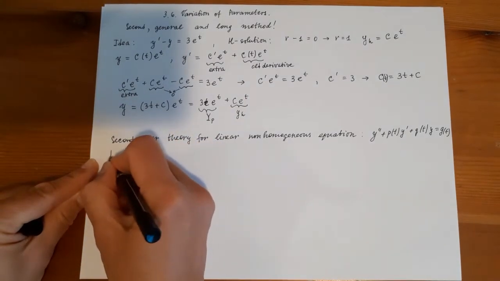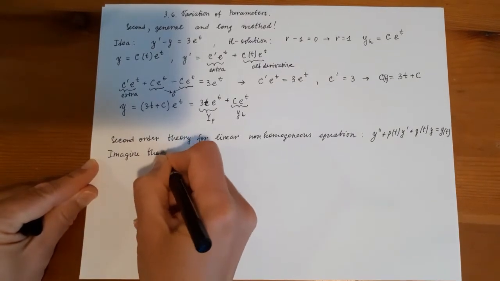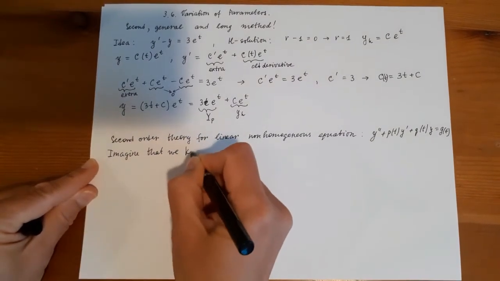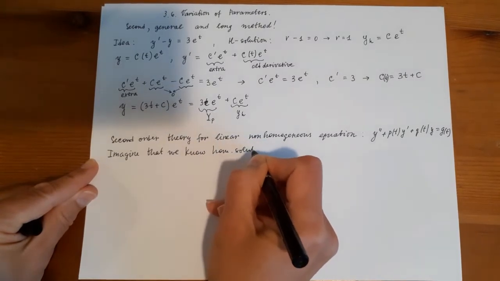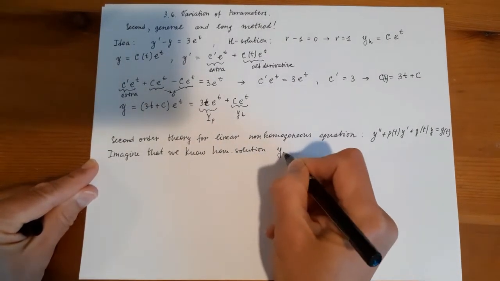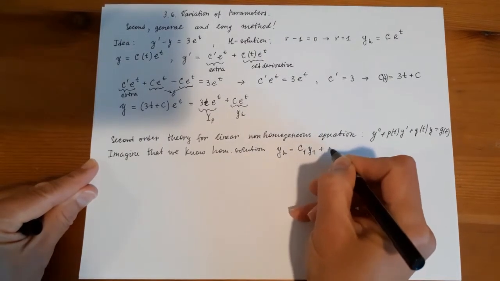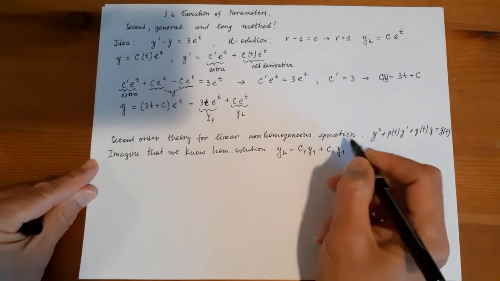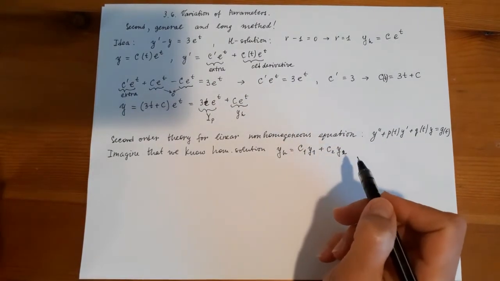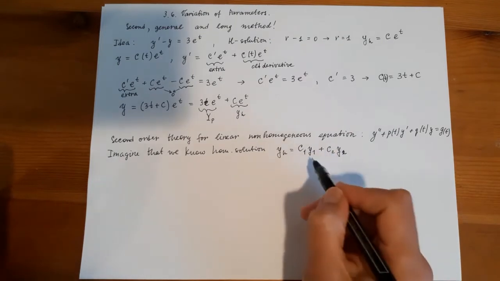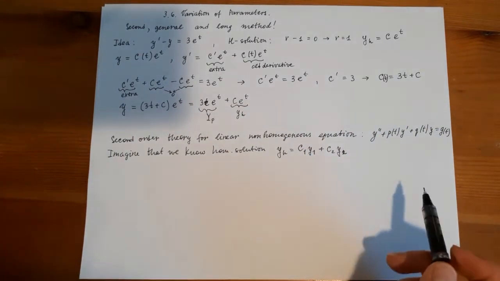So let's imagine that we do know the homogeneous solution, y homogeneous, which equals c1 y1 plus c2 y2. Here y1 and y2 are functions which are solutions of this, right? Two solutions, and c1 and c2 are just normal constants.